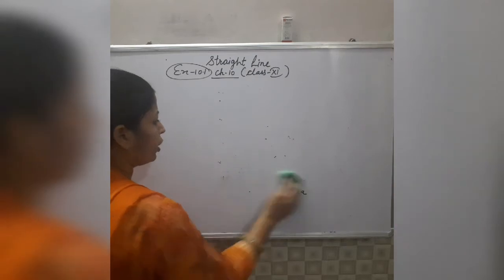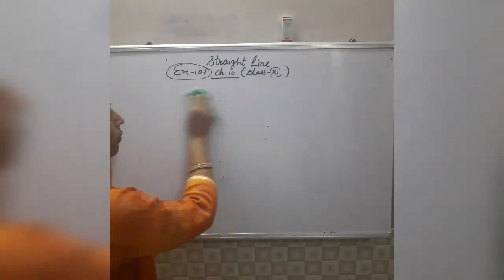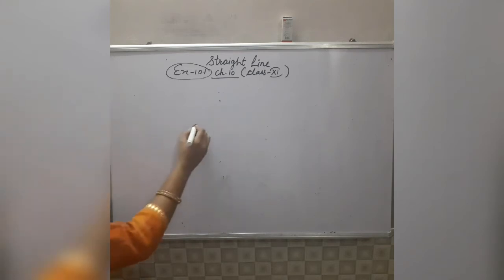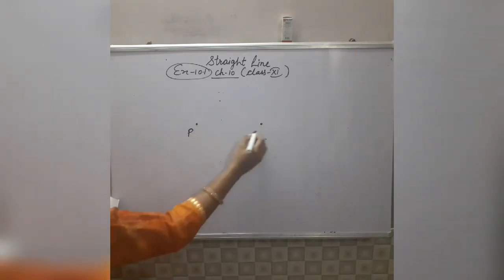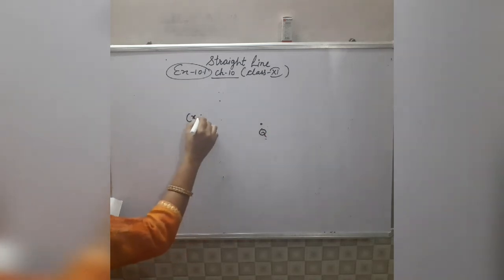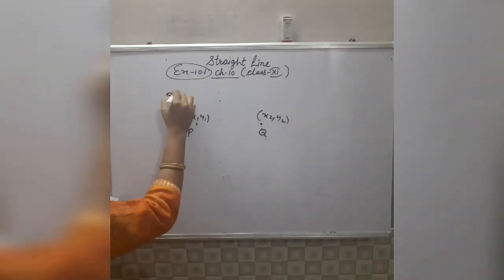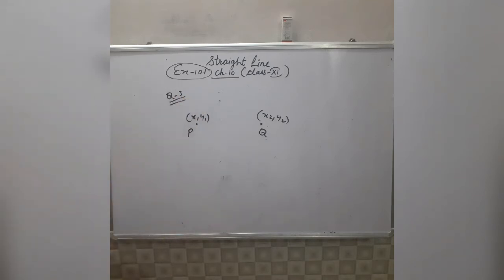Now I will explain question number 3. In the third question, find the distance between points P and Q. Two points are given to you. One is point P and the second is point Q. Coordinates of points P and Q are given to you, x1, y1 and x2, y2.